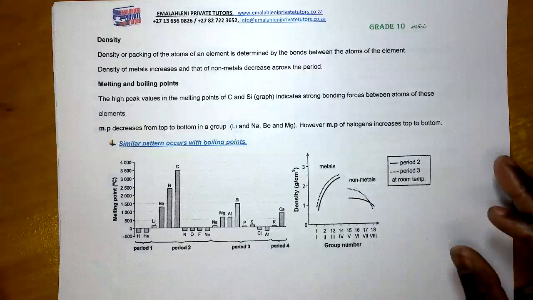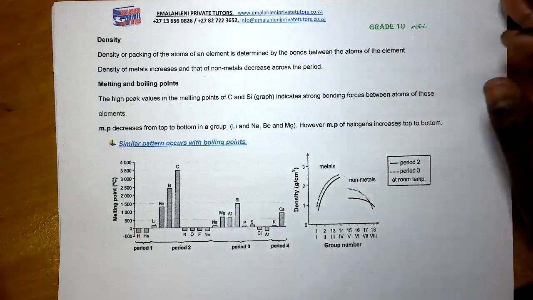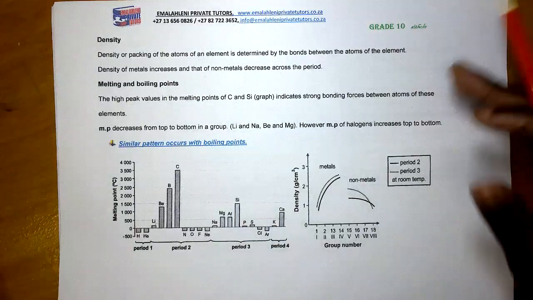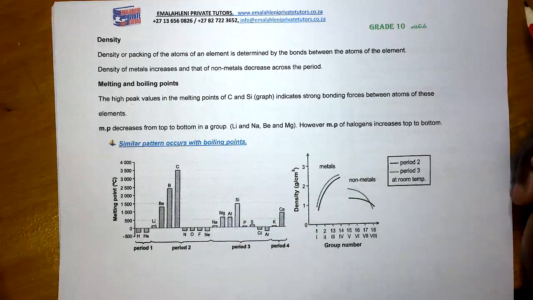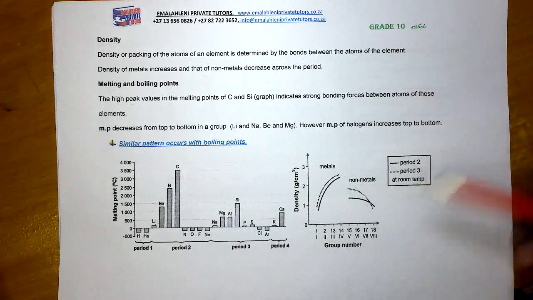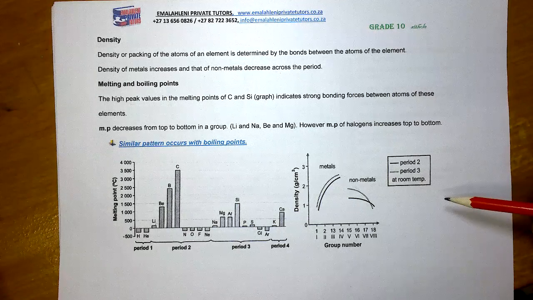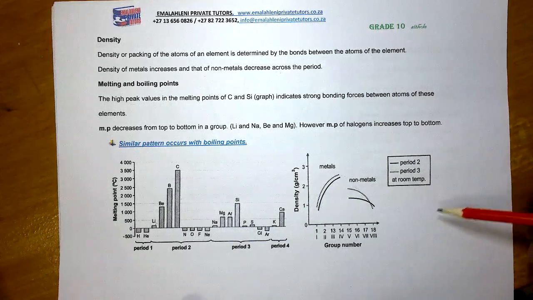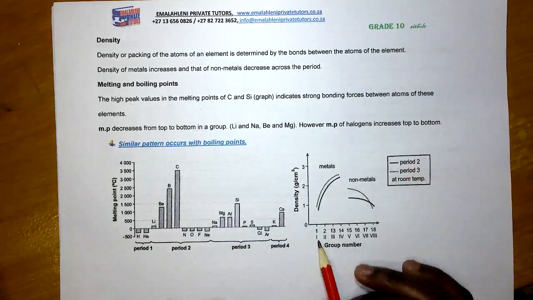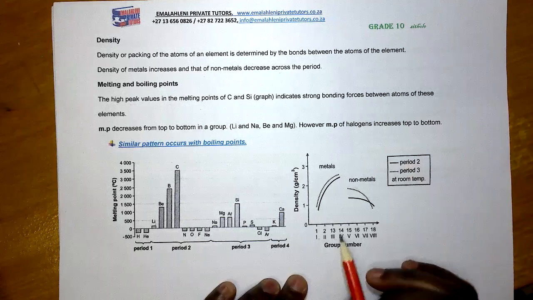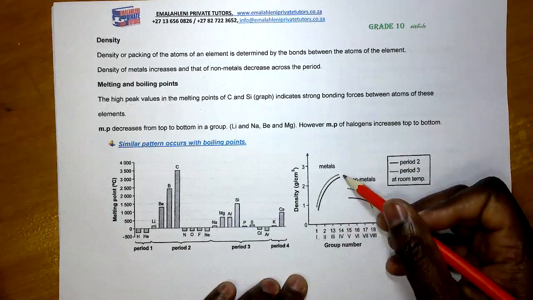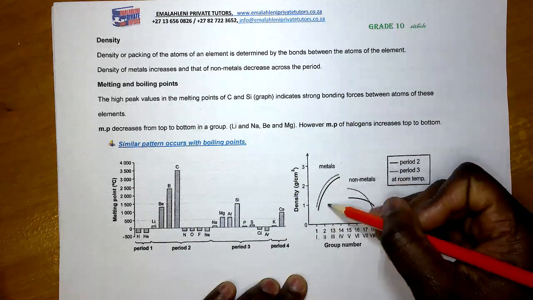Okay. Now, let's move on to the density of your elements. How does your density behave in the period? I find that from group 1, group 2, group 3, up to group 4 here, the density is increasing.